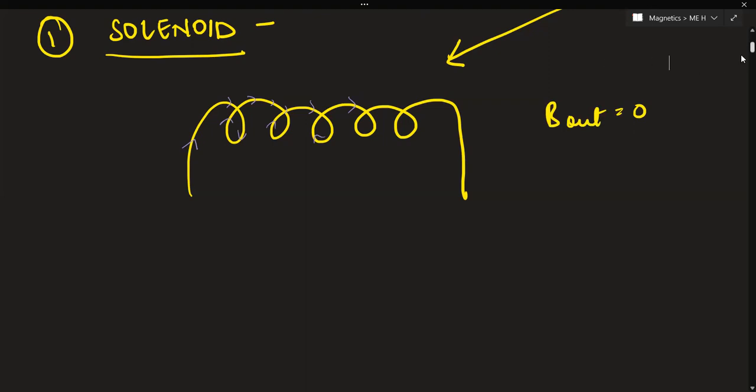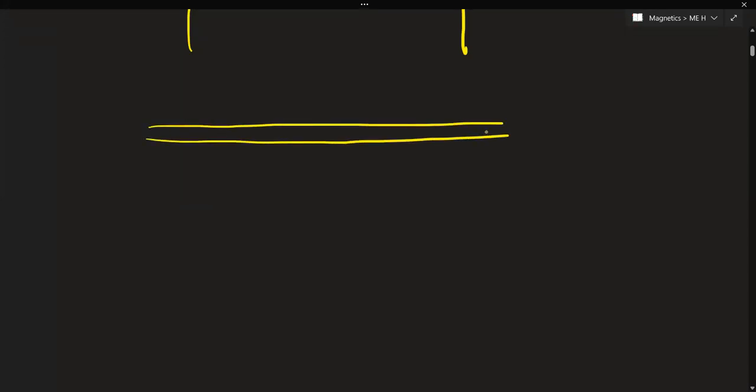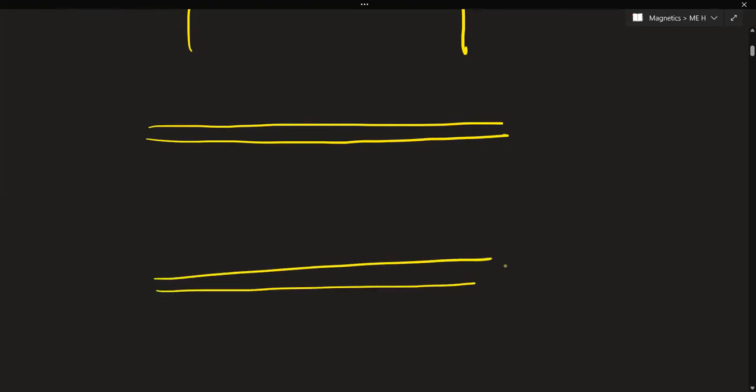Now, coming to the main point I was telling: we do not write it directly. What we write instead is, we take a middle section of this. Here, the current is going out, going in, coming out again, going into the page. Are you able to notice this?